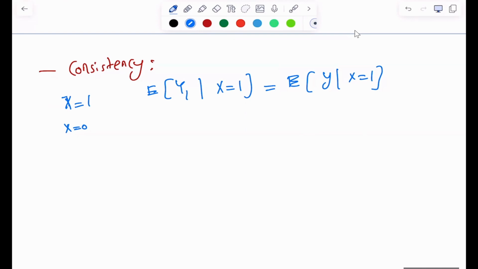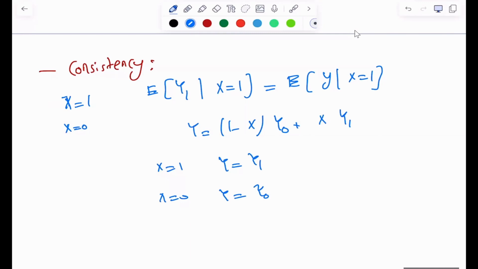And I wrote the equation for you guys in the last video. I used T at that time: Y equals (1 minus X) times Y0 plus X times Y1. That's another way you can remember consistency as well. So if X is equal to 1, Y is equal to Y1. And if X is equal to 0, Y is equal to Y0.